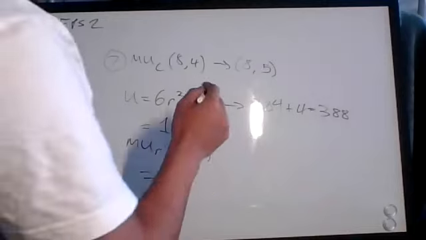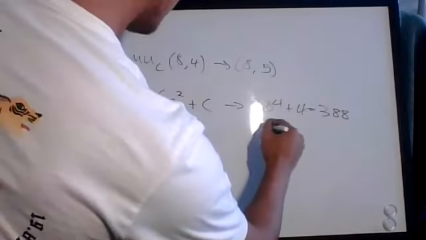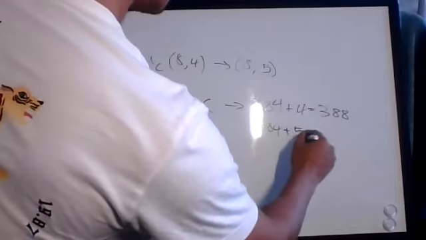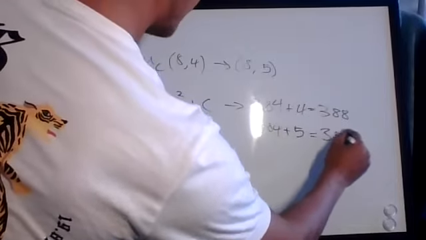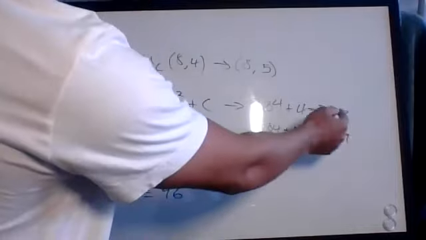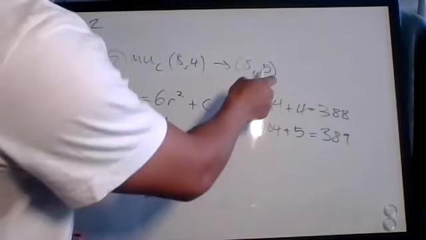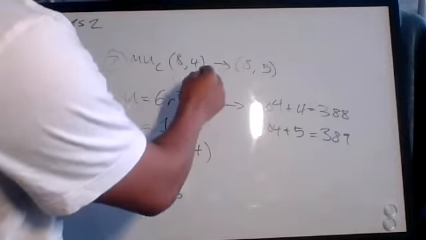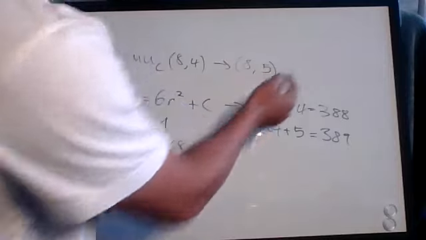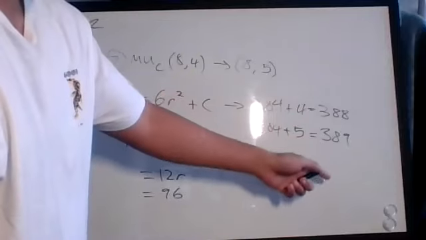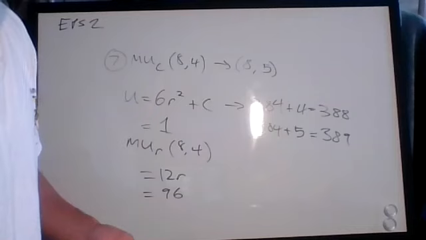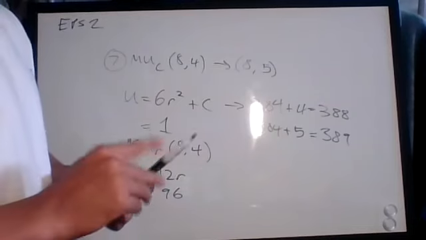I go from 384 plus 4 to 384 plus 5, which is 389. My utility only went up by 1 as I increased my consumption of chicken by 1. And it doesn't matter what you have. If I went from 8.5 to 8.6, then I would get 390. Do you see the pattern there?